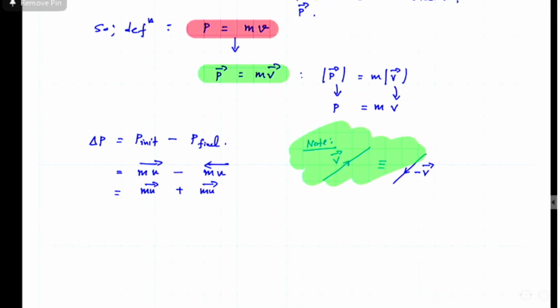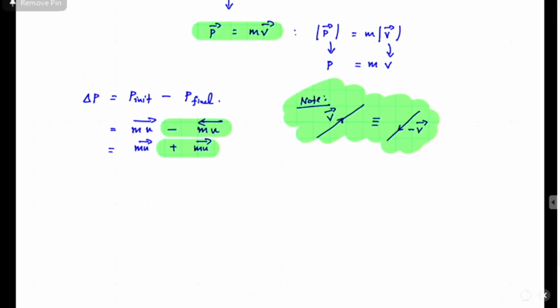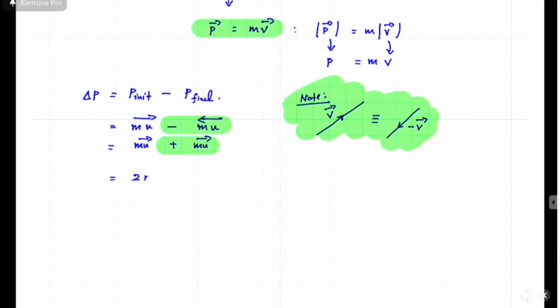So that is used here. All good? So the answer would be, that's why you got the answer, 2 mu. Delta P is equal to 2 mu. All good, guys? Yeah?